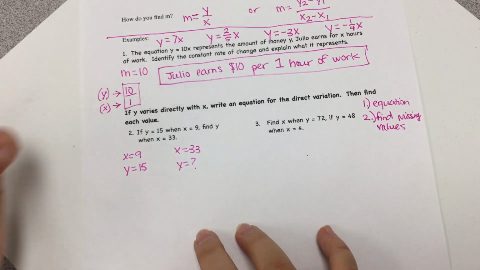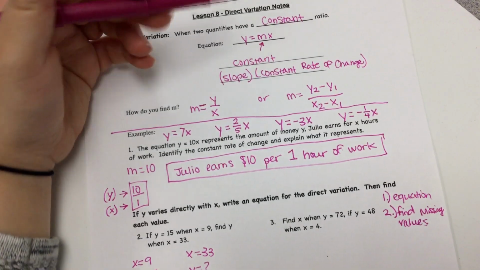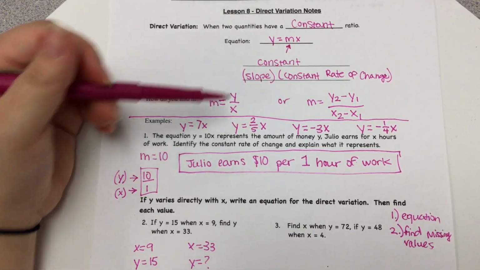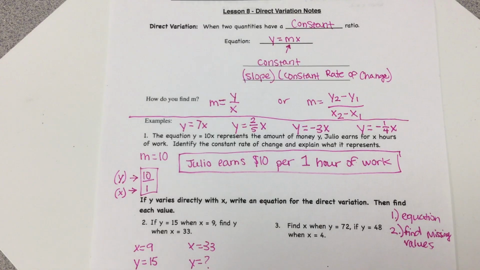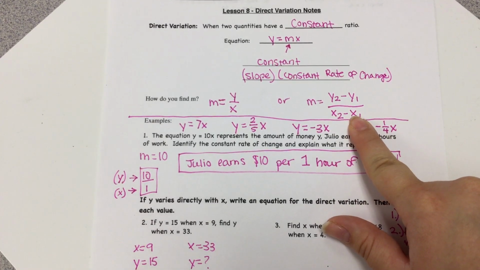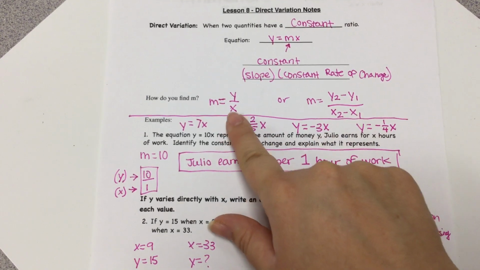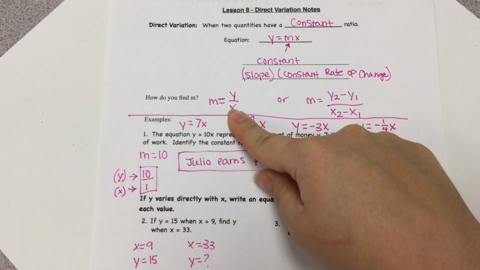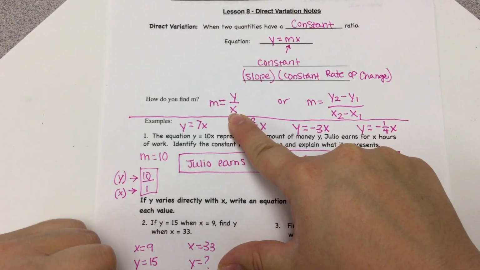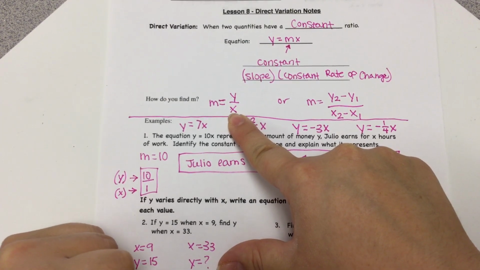Okay, so now I want to go ahead and find this direct variation equation, which means I need to find my slope, or my m. Now it's kind of hard to use the slope formula in this case because we've got a missing value. So since we're looking at just proportional lines right now, we're going to use m equals y over x.